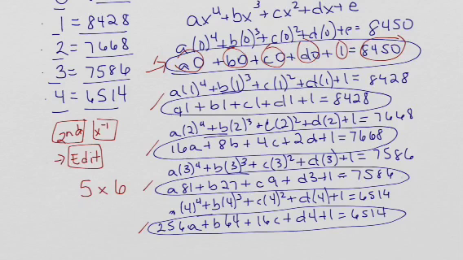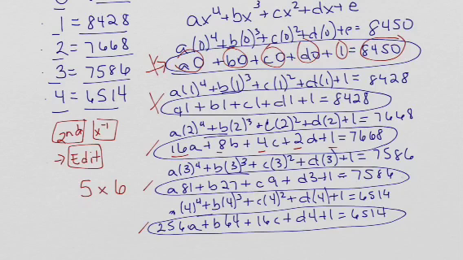Now this equation is done. Now we need to come into our next equation, and we're going to type in all of those coefficients. 1, enter, 1, enter, 1, enter, 1, enter, 1, enter, 8428, enter. Second equation is done.